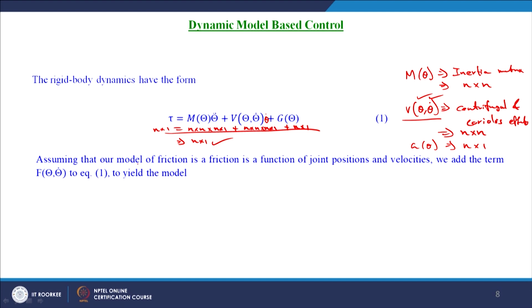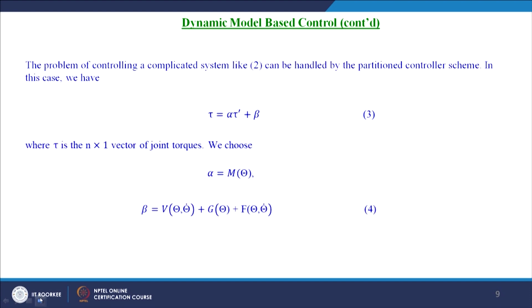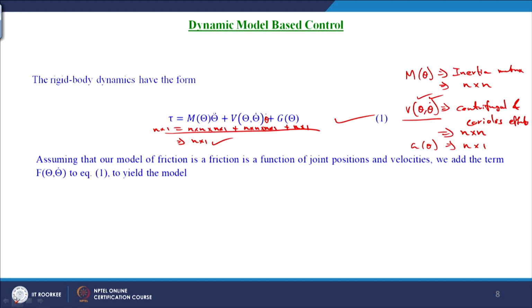Assuming that our model of friction is a function of joint positions and velocity, we add that term, F of theta comma theta dot, to equation 1, so that the model we obtain will be tau equal to M of theta theta double dot plus V of theta comma theta dot into theta dot plus G of theta plus F of theta comma theta dot.